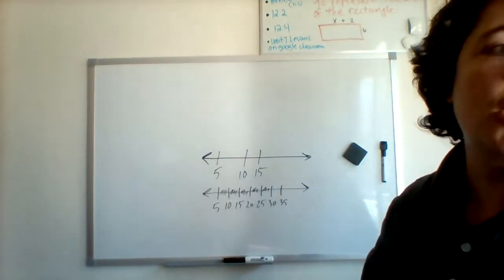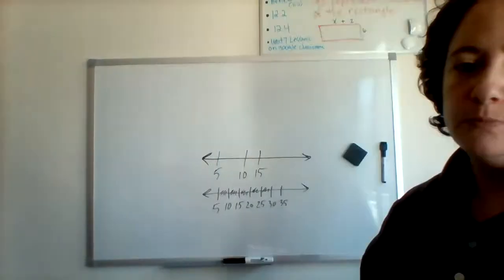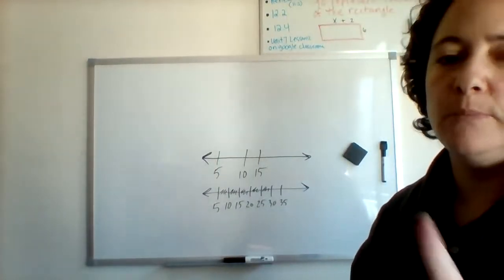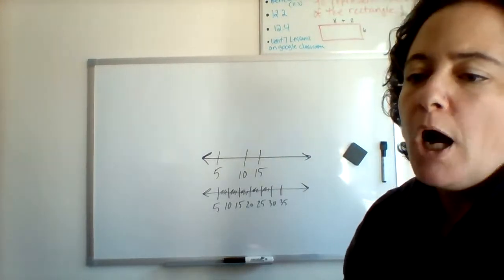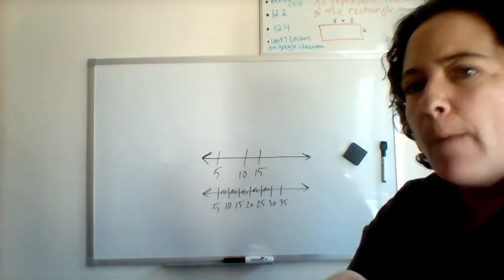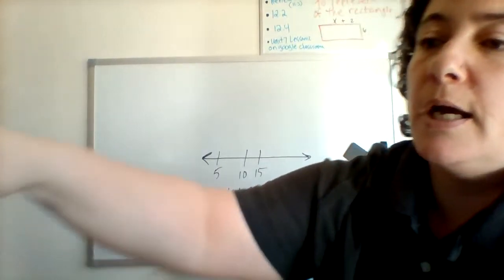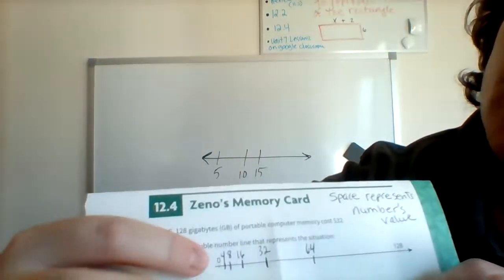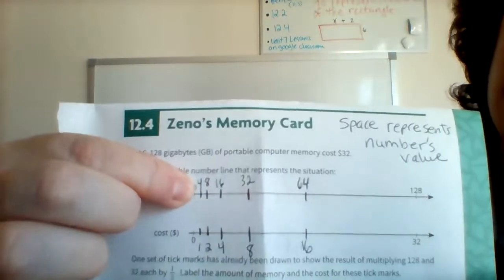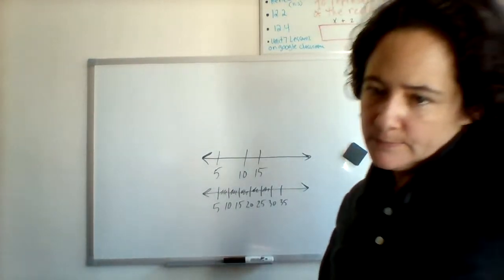Did you turn the page, Jesus? I think you have to turn the page to the table. Okay, on the number line. Okay, Brian. We have to use the table to get how much for 1 gigabyte. Because the double number line is showing us for 4 gigabytes. 4 gigabytes, I pay $1. It's showing the opposite.